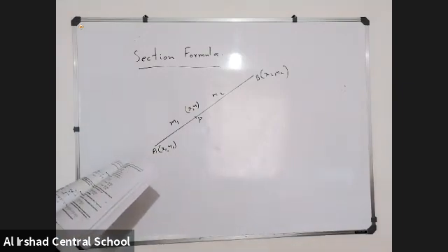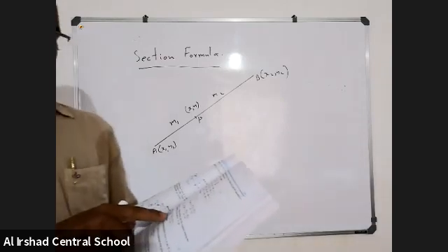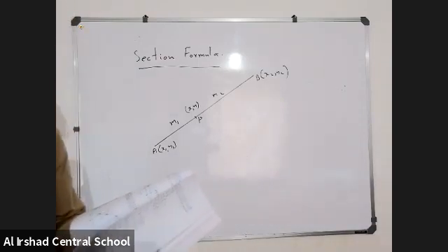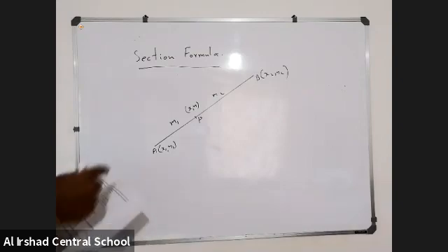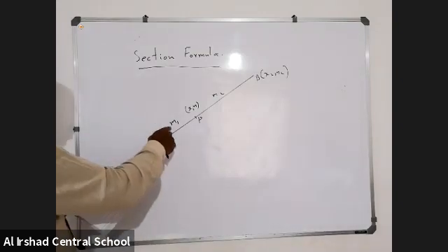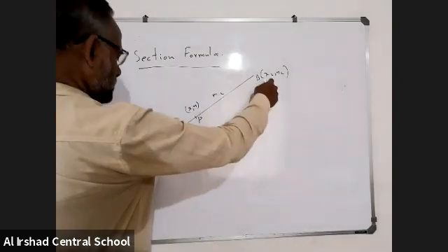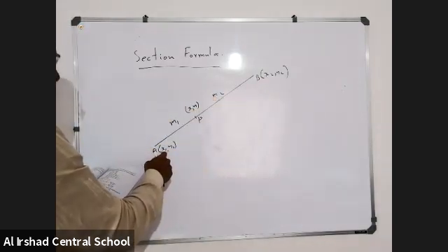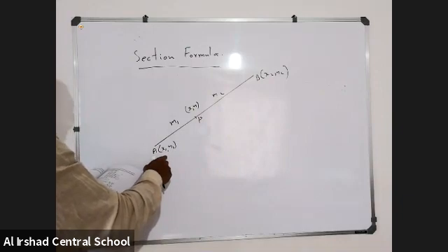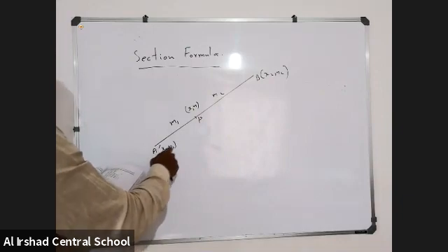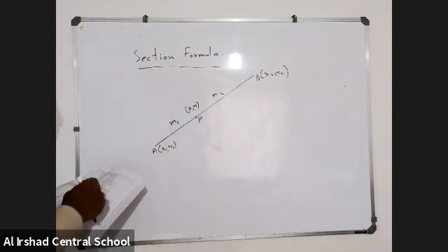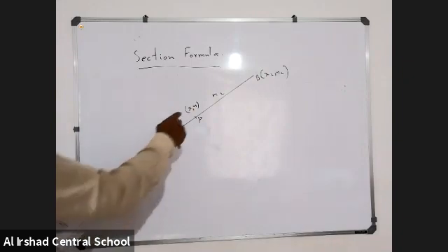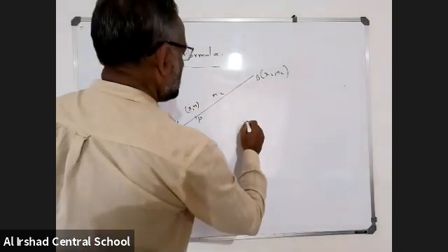Now, look at page number 163. There, you can see the section formula. M1 into x2 plus M2 into x1, be careful, divided by M1 plus M2, that is the x coordinate.